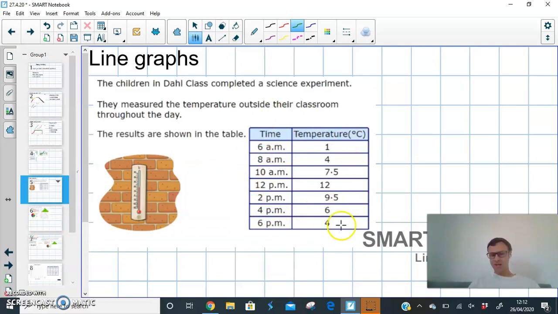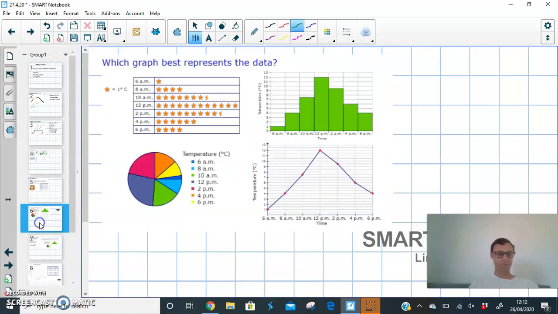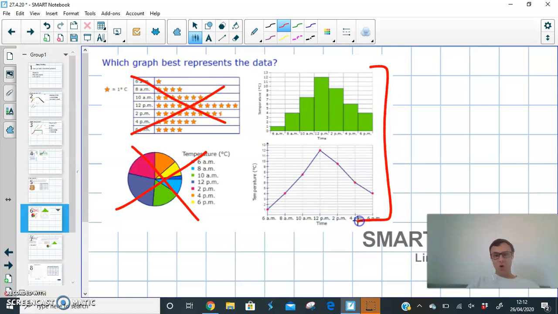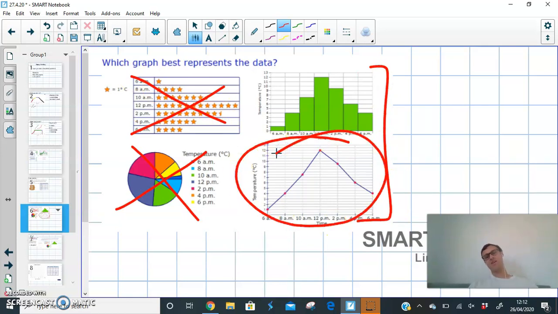Okay, not particularly nice to read though, you can't really tell a lot from that, so we'd want to put it in a graph. Now, which graph best represents this data? Well, straight away, the pie chart, which is coming up for us to study, is not particularly easy, certainly not the pictogram. It's between these two, I would say, but I'm going to go for this one here as the easiest for us.